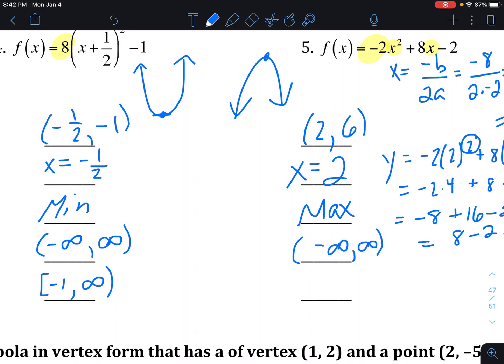Notice numbers 3, 4, 5 are all the same for the domain. And then the range, it's going down forever, so that's negative infinity, and it goes up to the y coordinate in the vertex, which is 6.